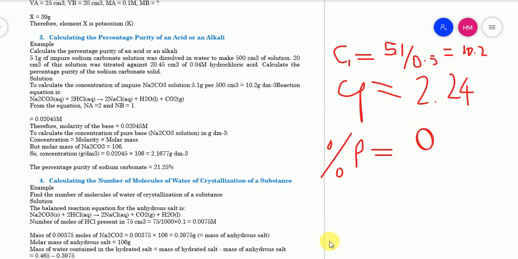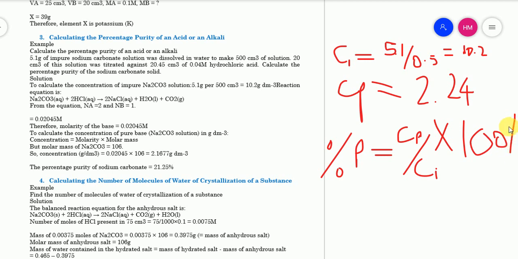Sorry for this, my aim was to write C. So it is a concentration pure divided by concentration impure times 100%. So from there we have the concentration pure, that is 2.24.